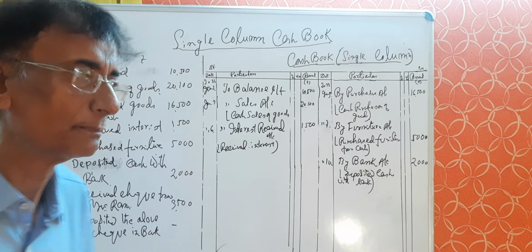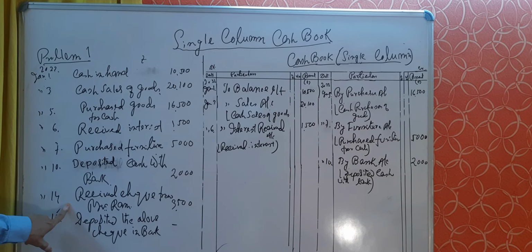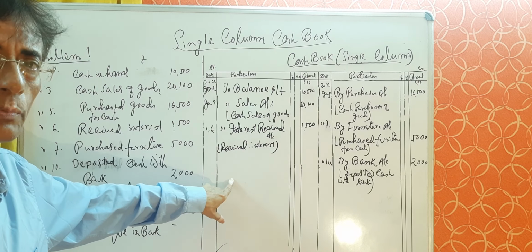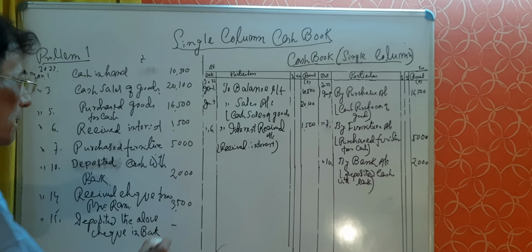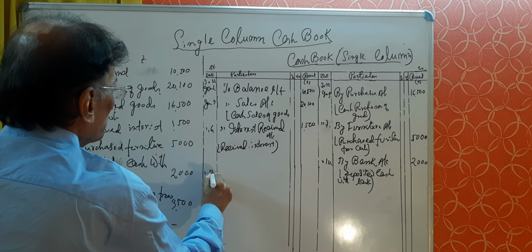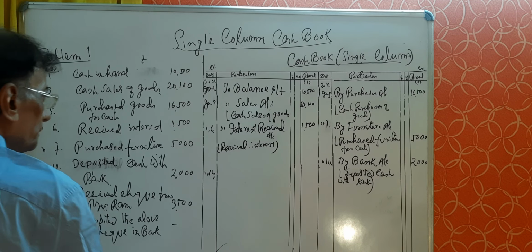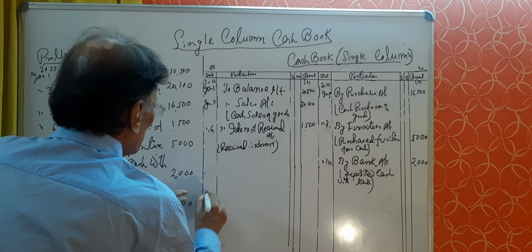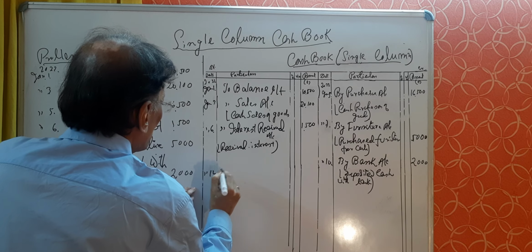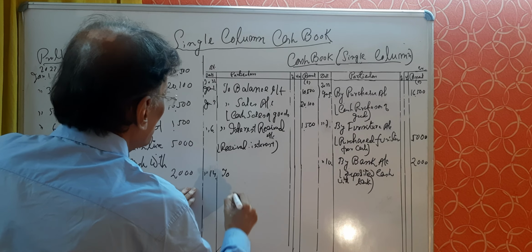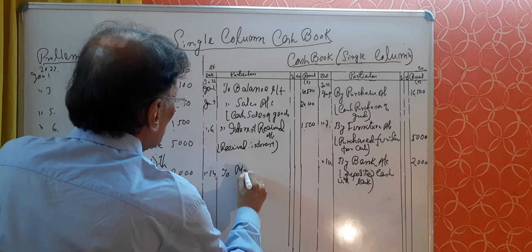You can do it. So on 14th January, we have received a check from Mr. Ram. This would go in the debit side because it is receipt of check. The date is January, to Mr. Ram.